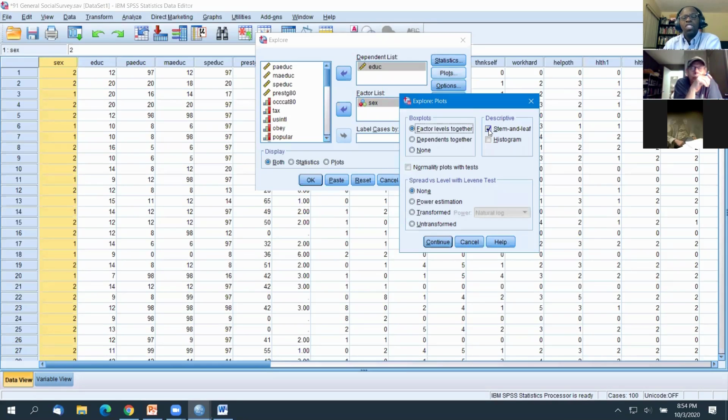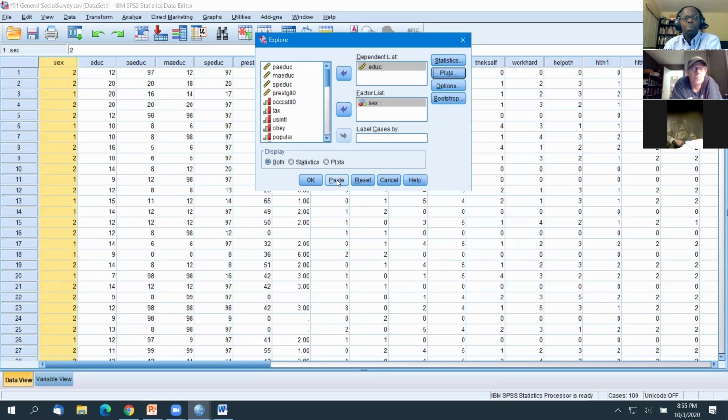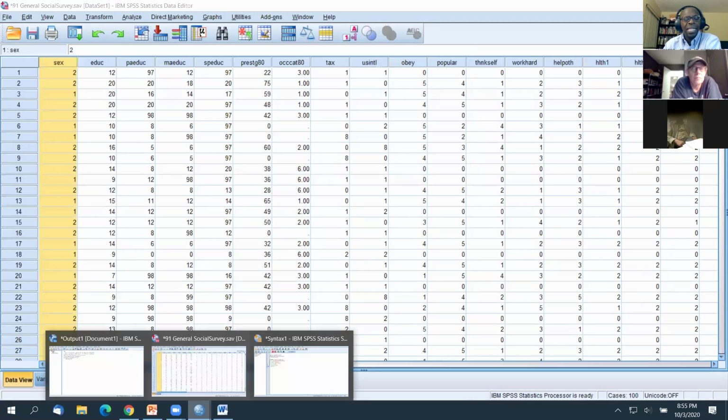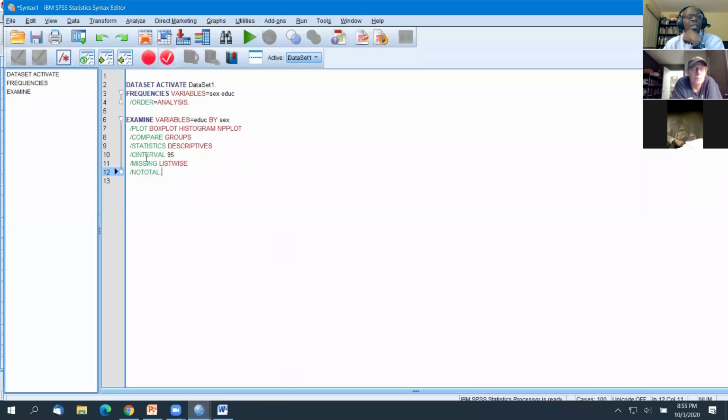We're going to uncheck stem-and-leaf under descriptives, and click histogram. Then we're going to go to normality plots with tests and click that, and everything else we're just going to leave as is. Click continue, and then click paste. Again, this is a written record of everything we've done. So we've got the frequencies here, and now we've got the test of normality.